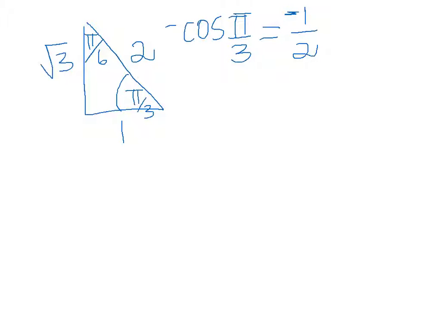Which is going to be negative 1/2. So we can say, therefore, cos of 2 pi on 3 equals negative 1/2.